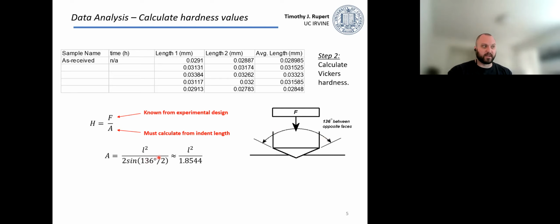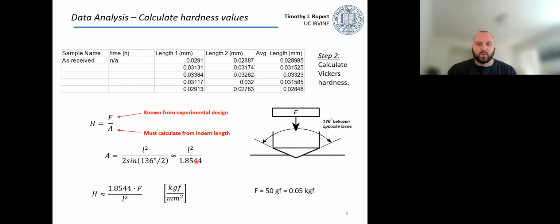So we can use that to calculate the contact area, depending on the impression length we measured. We'll find that this area is L squared divided by approximately 1.8544. It's not exactly 1.8544, there's a bunch more digits.